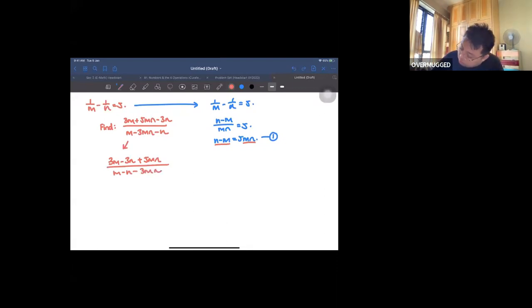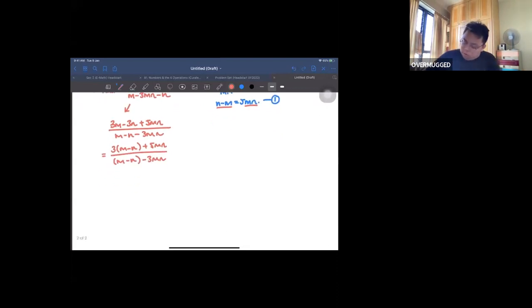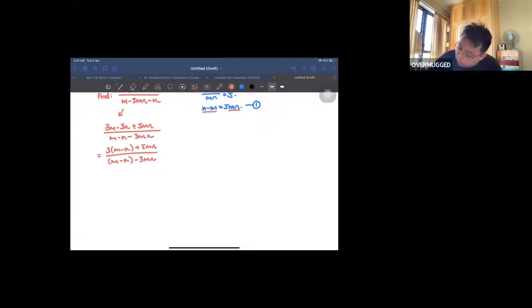Looks good. Now maybe I can factorize the 3 on the top: 3 times m minus n plus 5mn divided by m minus n minus 3mn. Now I have an m minus n, but here it is n minus m. Oh dear.